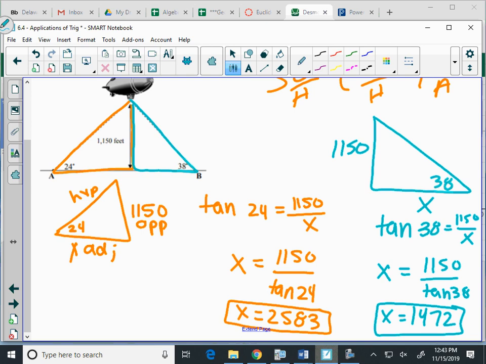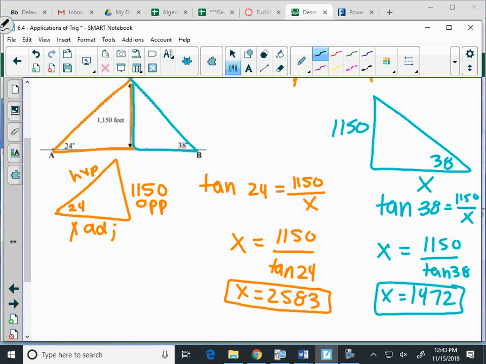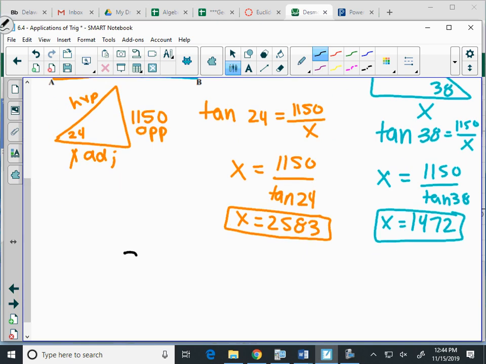Now that we know both distances, what do we do to get our final answer? Add them, right? We know the orange part is 2,583. We know the blue part is 1,472. To get the total distance in between, you just add them together.